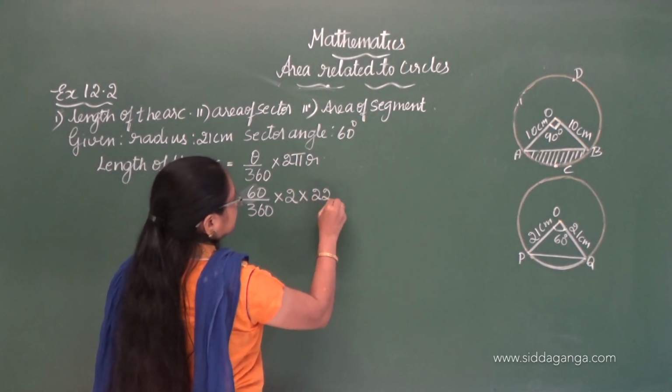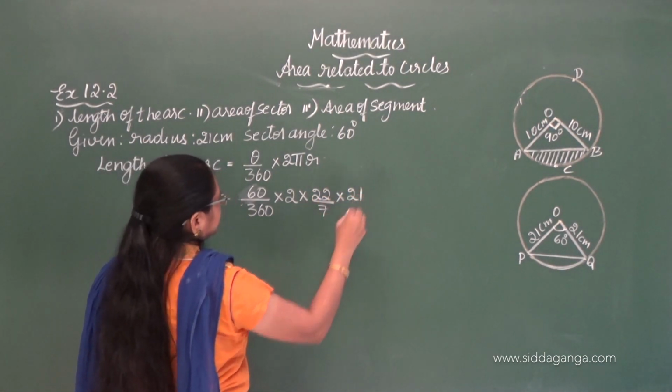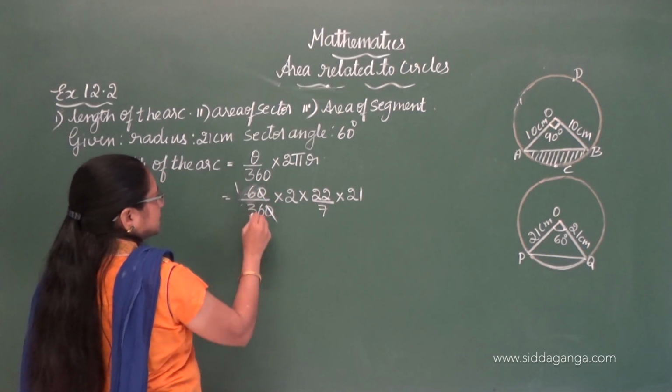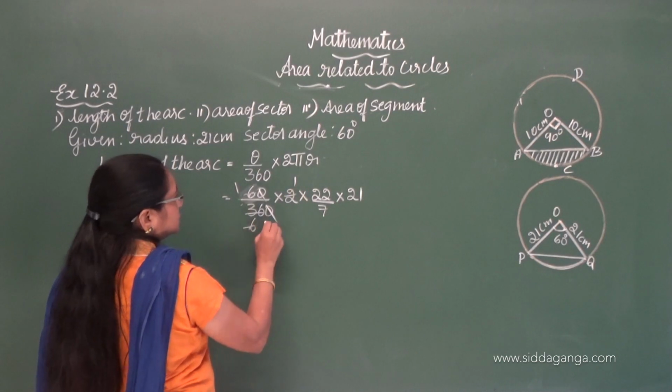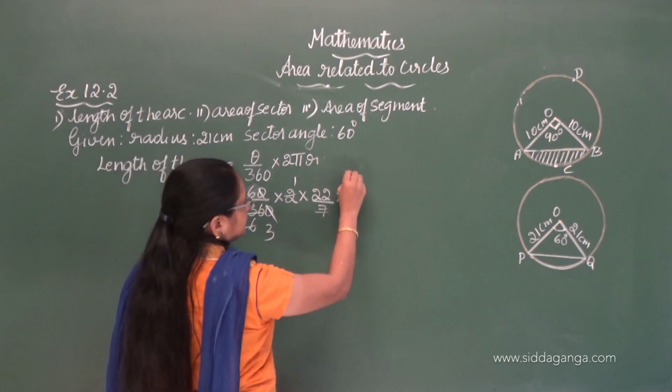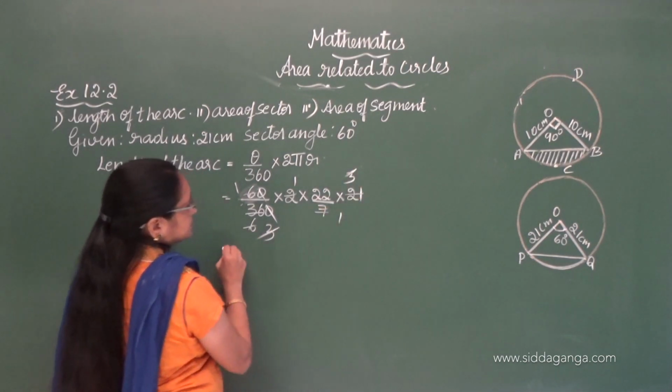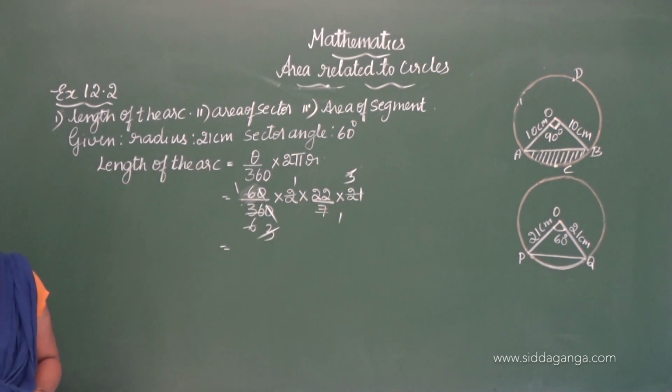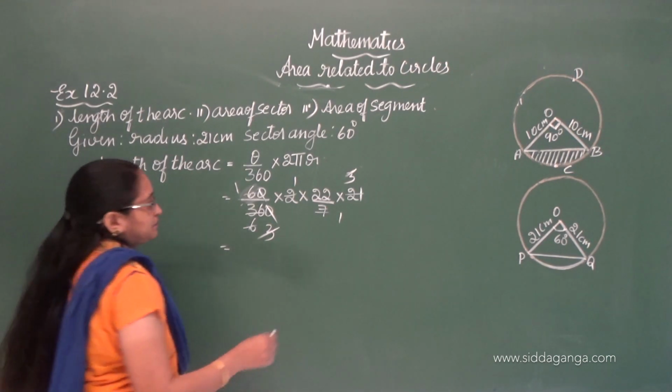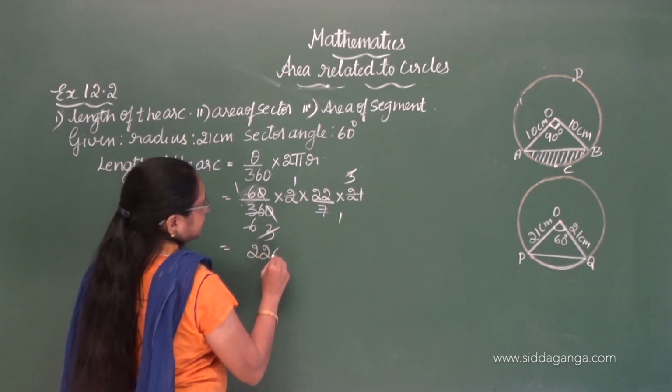So 22 by 7 into r, that is 21. So 6 ones are 6, 6 threes are, 2 ones are 2, 3s are, 7 ones are 7, 3s are. 3 and 3 get cancelled. So what is the answer you will get? Okay, correct? So here we will get 22 centimeter.